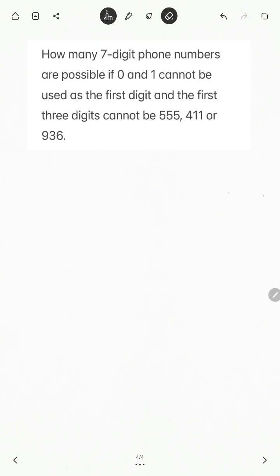Now, if we are going to write down a 7-digit phone number, let us put 7 crosses, right? We cannot use 0 and 1 as the first digit. So from 0 to 9, we have 8 options for the first place.